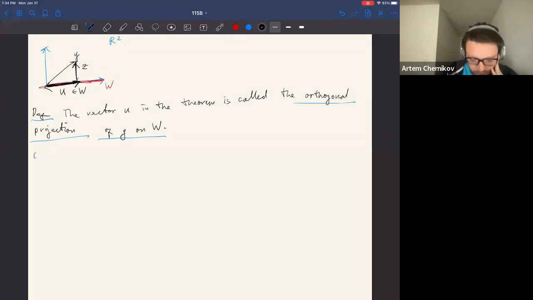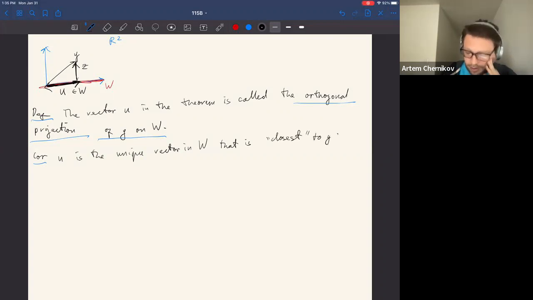And so a corollary of this theorem also is that we can describe U using the norm. Okay. So U is the unique vector in the subspace W that is closest, and I put it in quotation marks, to Y. Okay. So what do we mean by the closest here? Well, we mean that the norm of the distance is as small as possible.